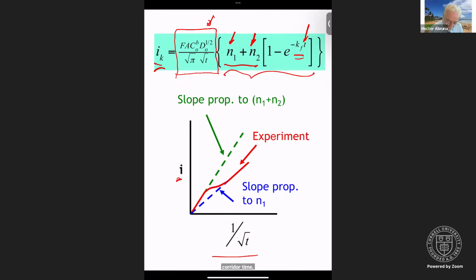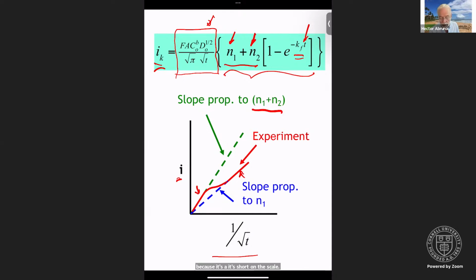Here we have the experimental plot, which is this curve. But if we extend the linear portion, so you have a linear section and that's a linear section, the slopes of those two sections will be proportional to the number of electrons transferred. At longer times, right, remember, longer times, because it's a reciprocal, is short on the scale.